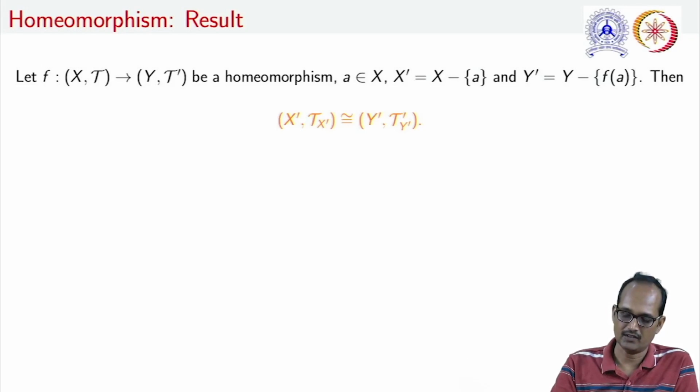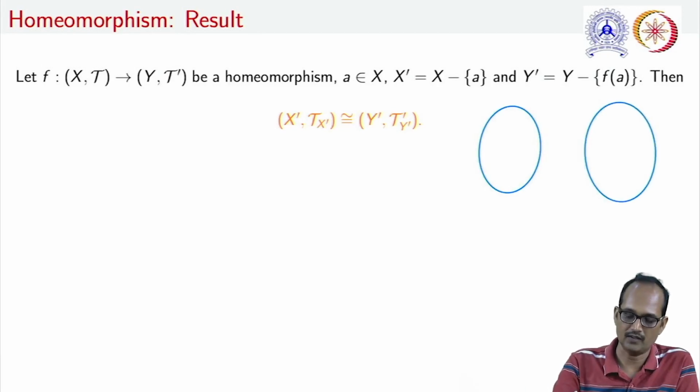Then we can justify that X dash with relative topology and Y dash with relative topology are also homeomorphic. The meaning is that if this is the set X and this is the set Y, we take an element here, that is a, and we take its image, that is f(a). Now if we remove these two, we get a new set that we have taken as X dash.